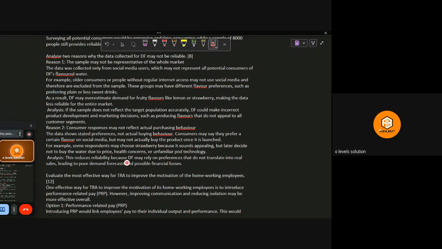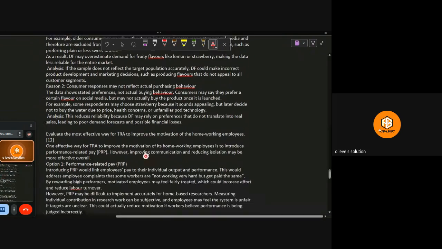So it could happen. This reduces reliability because DF may rely on preferences that do not translate into real sales, leading to poor demand forecasts and possible financial losses. Of course, when they are investing all of their money in it, there will be financial loss.